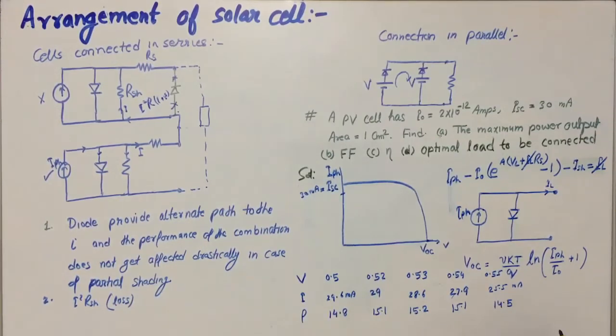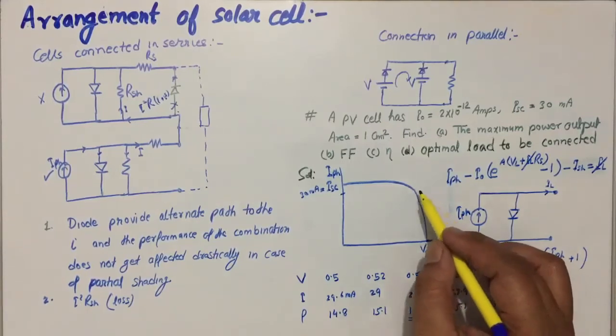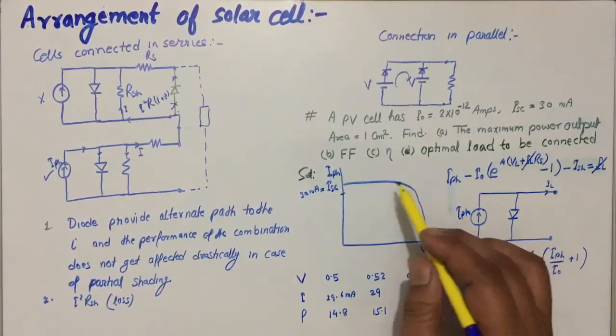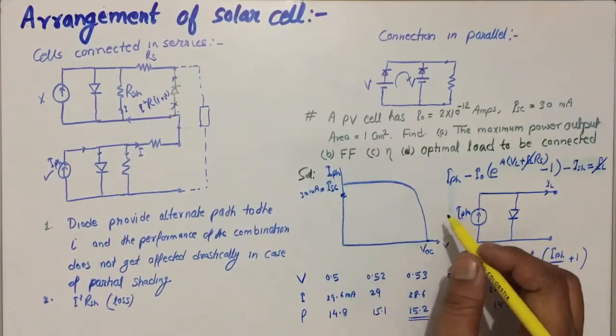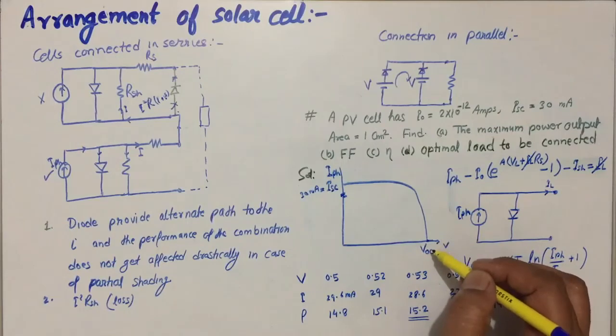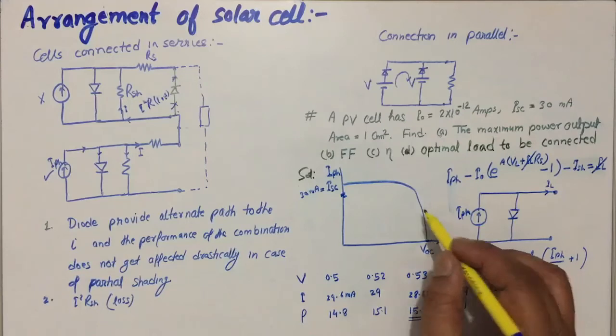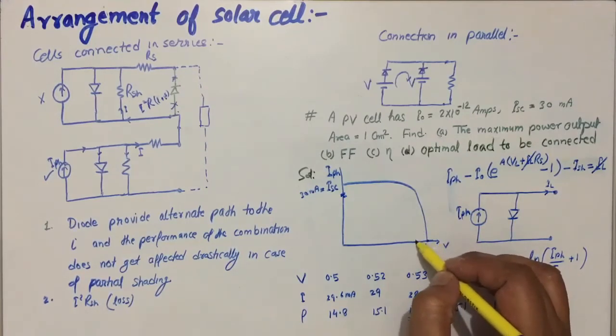So once you have this power, 15.2 is the maximum in this. So the maximum power point that you can have is, current is 28.6 somewhere here, and the voltage is 0.53. If you get the open circuit voltage, it may have some other value than this. So it is 0.53.